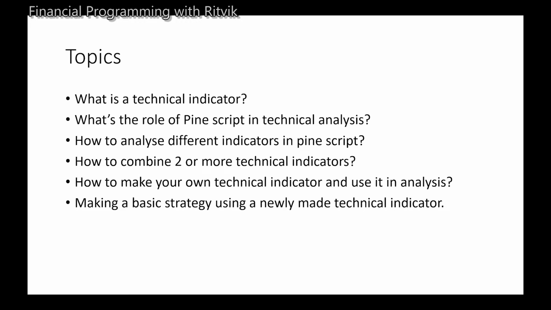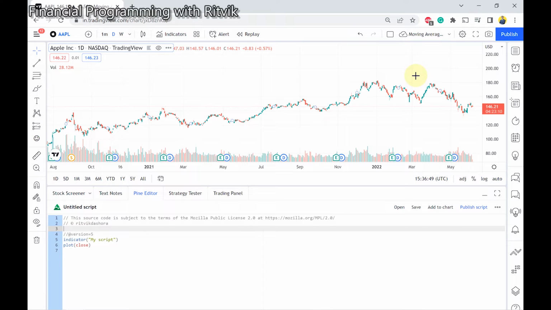So guys, if you're new to technical analysis, basically technical analysis is used to analyze the price and the chart movements of any particular instrument, like any stock like Apple, and we try to predict the future movements in the price through the historical price and volume of any particular instrument. There are multiple ways to do these types of analysis, and for that we have something called technical indicators.